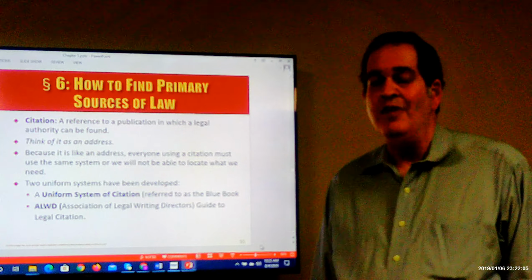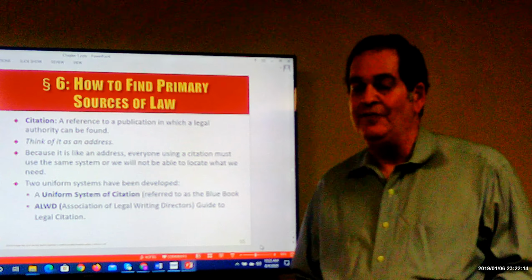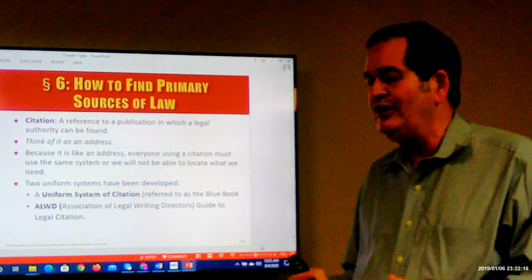So we need something that tells us to use either names like Main Street or numbers like 8th Street. That's just a rough example of having a uniform system of finding a citation or an address.